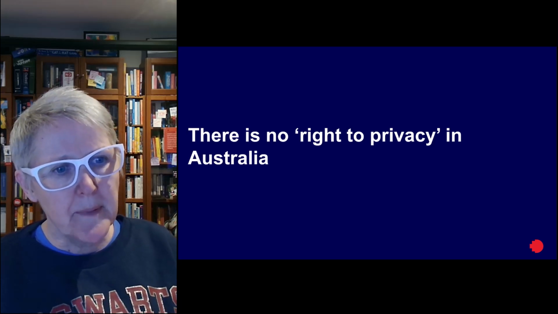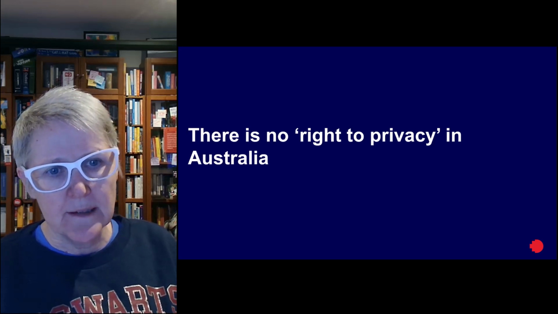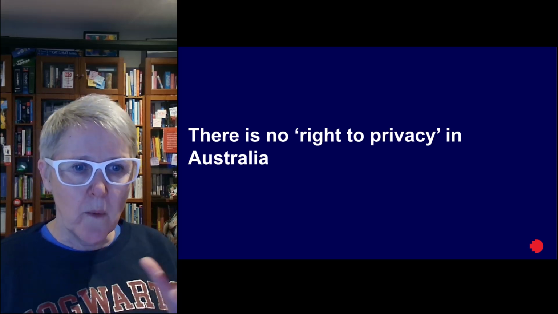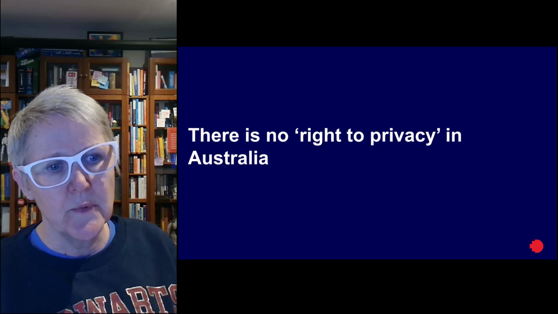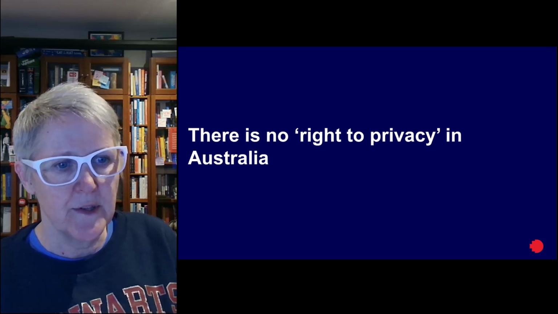There's an ongoing debate about the adequacy of the Australian laws and whether Australia should adopt a more comprehensive approach to privacy protection, akin to what the EU does with the GDPR.